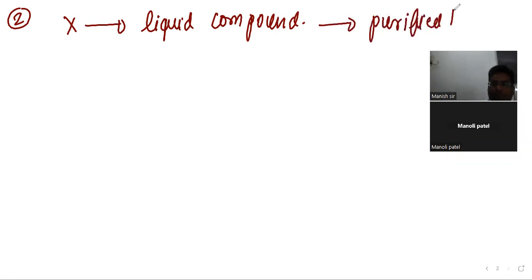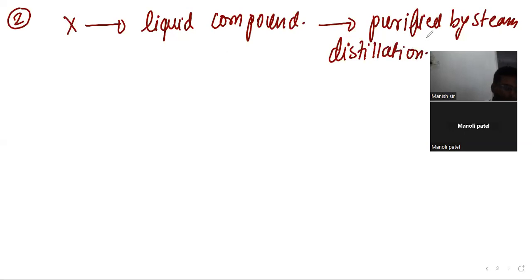Purified by steam distillation. The compound should be steam volatile and immiscible with water, right?